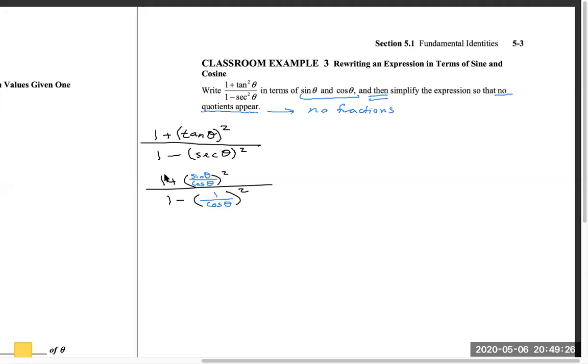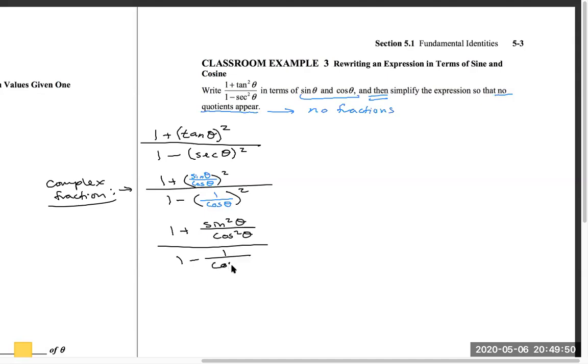So this is what's called a complex fraction, because you have fractions in your numerator and denominator that can be simplified. So we have 1 plus sine squared theta over cosine squared theta divided by 1 minus 1 over cosine squared theta.